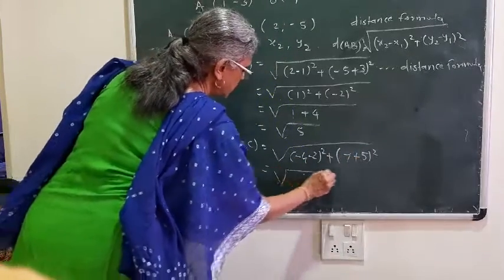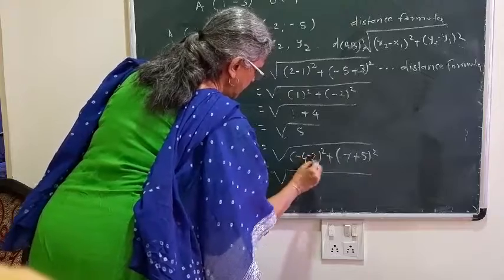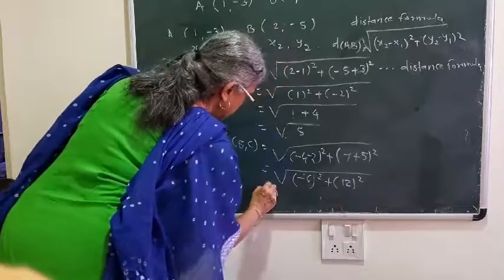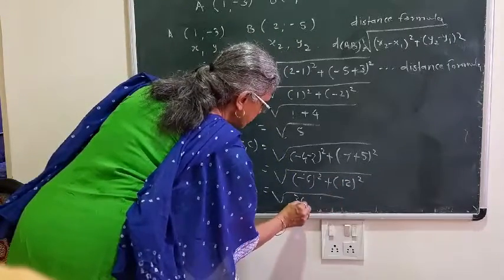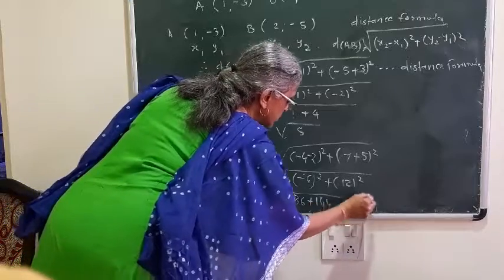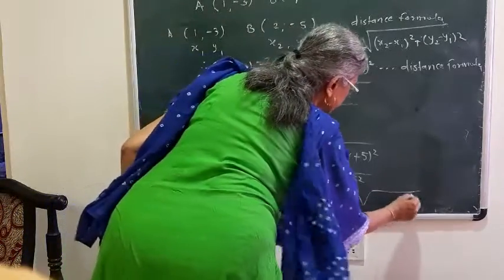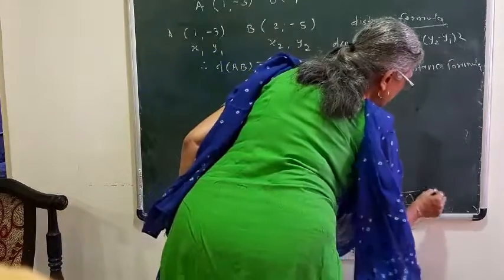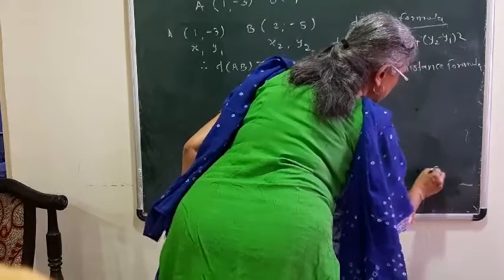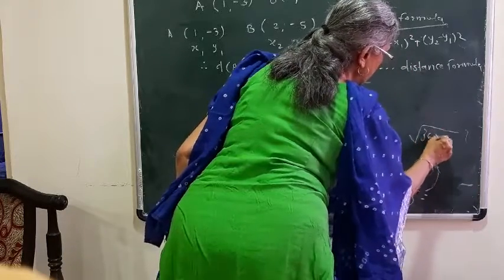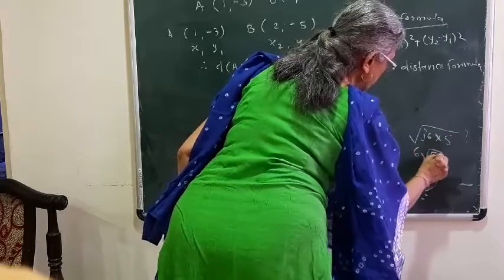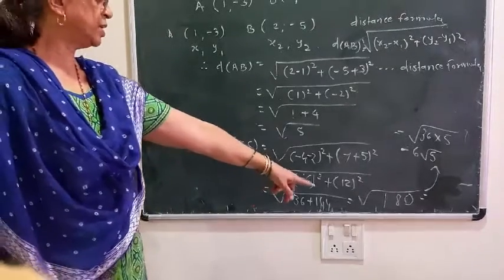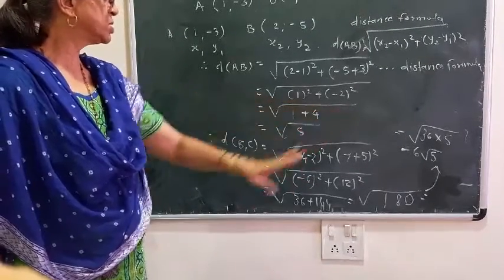So you will have minus 6 bracket square plus 12 bracket square. So that will be root 36 plus 144, which is equal to root 180, which is root 36 into 5. That is 6 root 5. So DBC is root 180, that is 6 root 5.